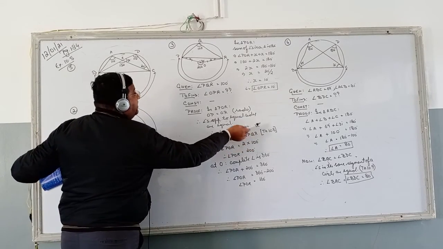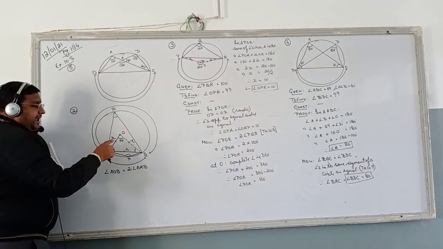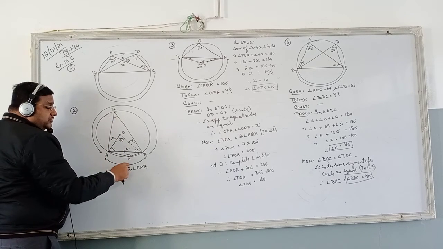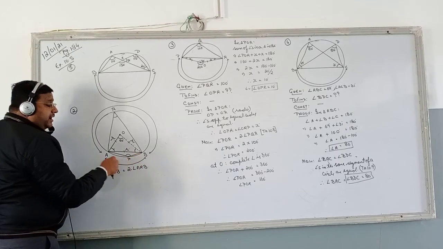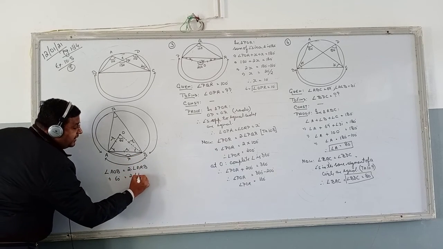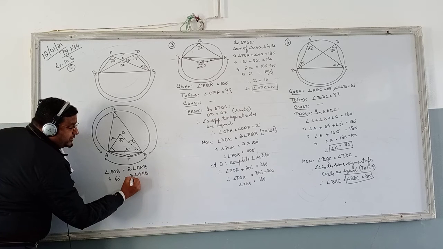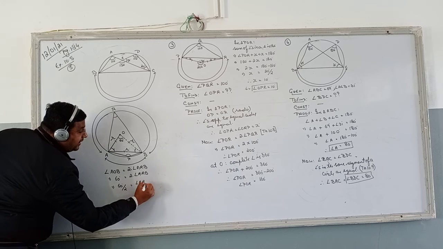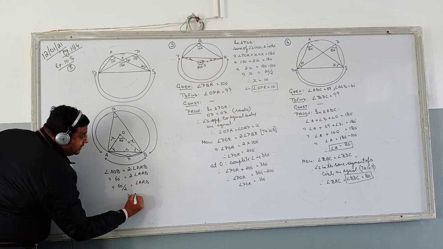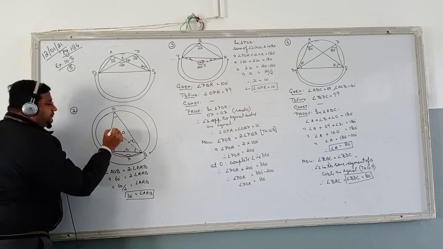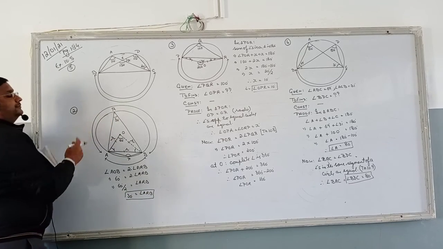We have applied the same theorem. The angle at the center is double the angle on the circle because it is subtended by the same arc. How much is angle AOB? Sir, 60. Twice of angle ARB. 2 is in multiplication, goes in division. 60 by 2 is equal to angle ARB. So 60 by 2, 30 is equal to angle ARB. First answer. This is 30 degrees.